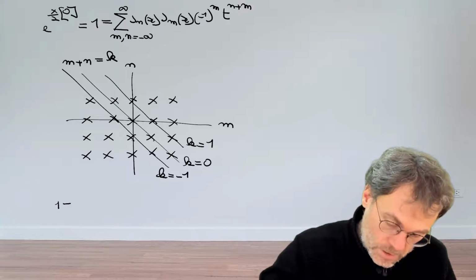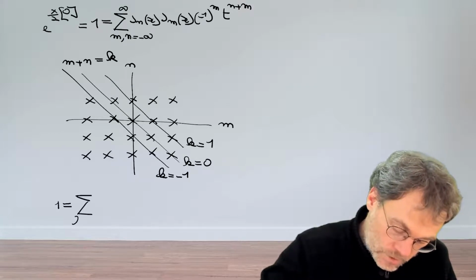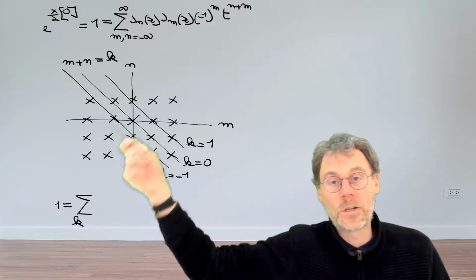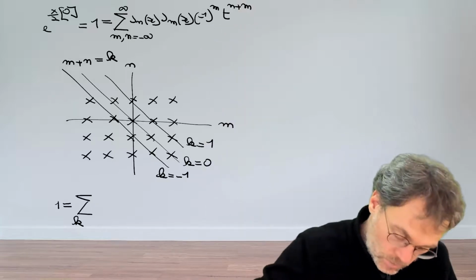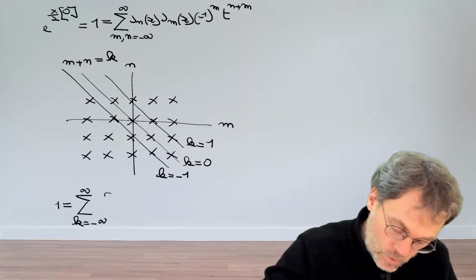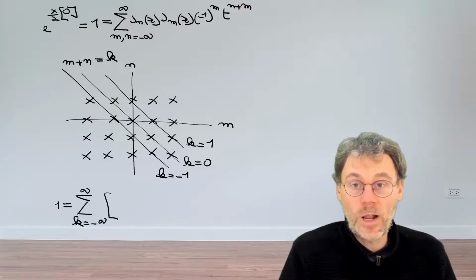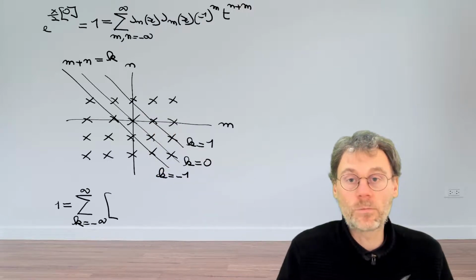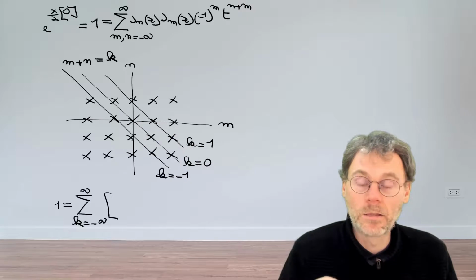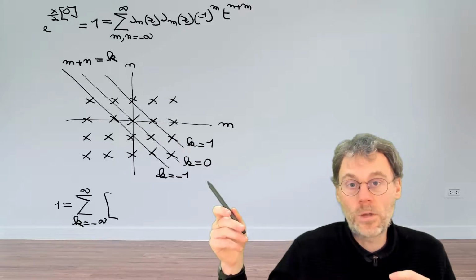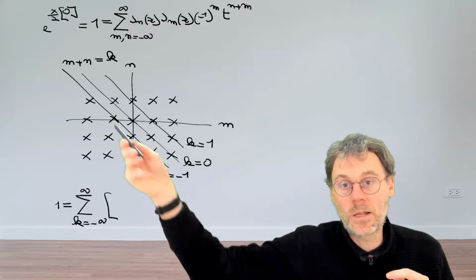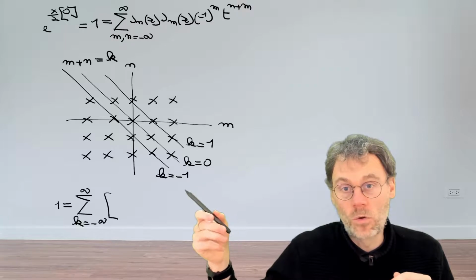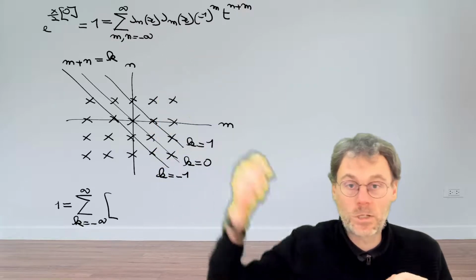So this is a sum, first of all, over different k values. And it's obvious that k will run all the way from minus infinity to plus infinity. And then for a given value of k, we can either keep m or keep n. It doesn't really matter, but in this case, let's just focus on keeping n. So at a given line here, what happens to n? For a given line, n actually runs all the way from minus infinity to plus infinity also.